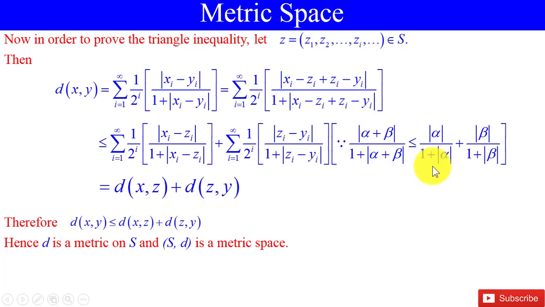As this property holds, modulus alpha plus beta by 1 plus modulus alpha plus beta is less than or equal to modulus alpha by 1 plus modulus alpha plus modulus beta by 1 plus modulus beta. Now, this quantity is equal to d of (x, z) and this quantity is equal to d of (z, y). Therefore, d of (x, y) is less than or equal to d(x, z) plus d(z, y). Hence, d is a metric on S and (S, d) is a metric space.